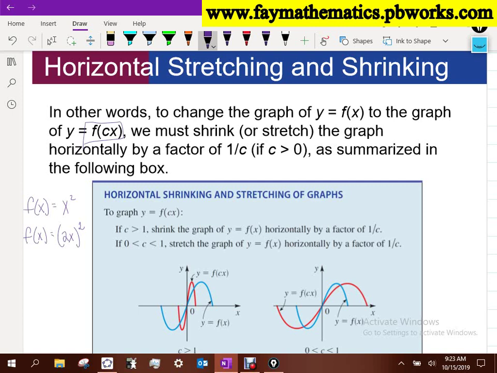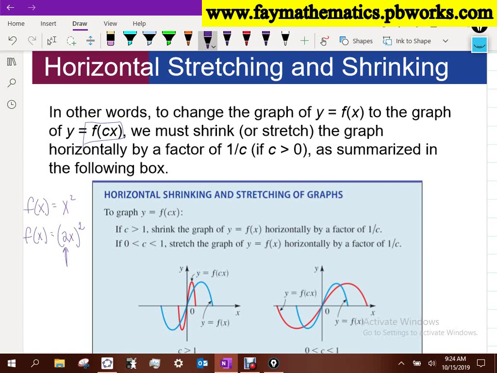And that process of taking your independent variable and applying this multiple to it first is actually going to create what visually looks like a compression. It looks like your x's get closer to one another. So when your c is greater than 1, and this is because the horizontal relationships are kind of the inverse of what we think should happen, or counterintuitive, is the word I used yesterday.